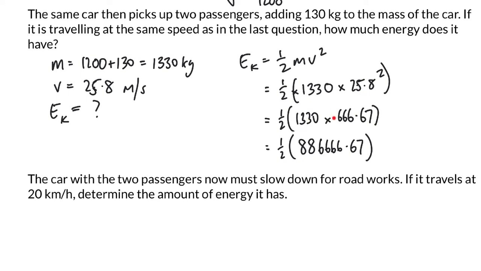Then you do this, then press equals. Then you divide it by 2, and then press equals, and you will get a value of 44333.3 joules. That's how much energy that it has. Right?